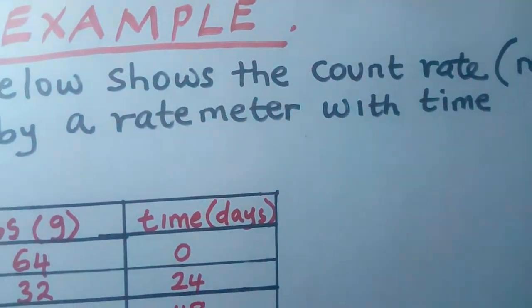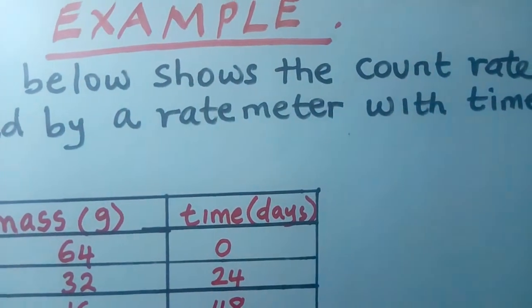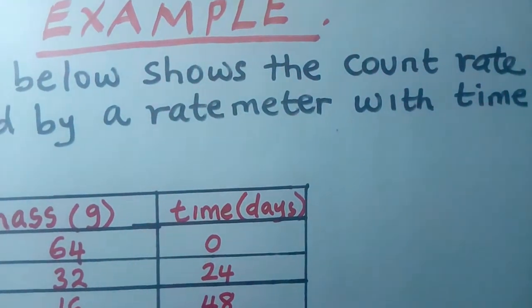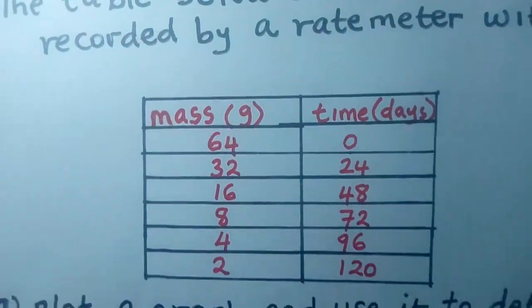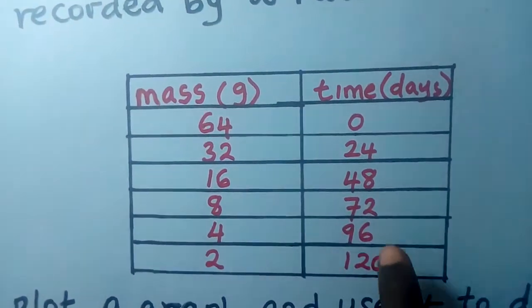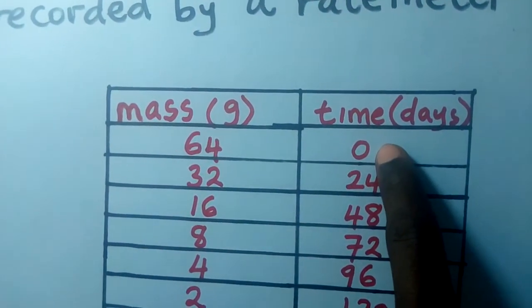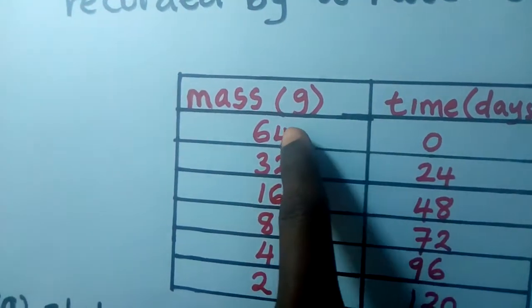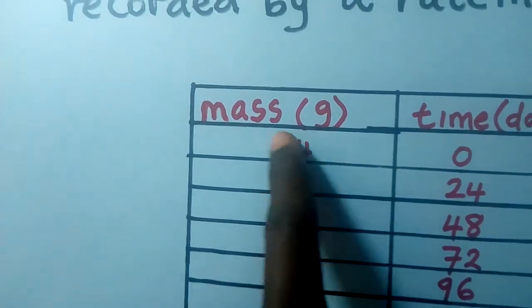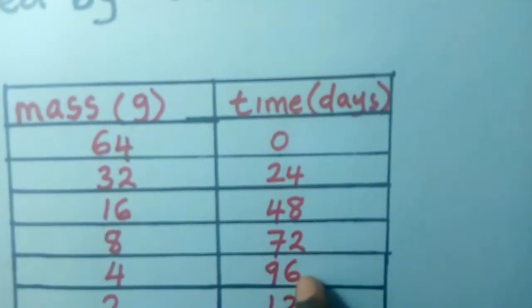So maybe somebody was doing an experiment to determine the half-life of a certain radioactive sample, and he was using a rate meter. And these were the values, you see. Before the radioactive substance started decaying, that means the time is 0, the mass was already 64 grams. You see, this is the mass in grams, this is the time in days.